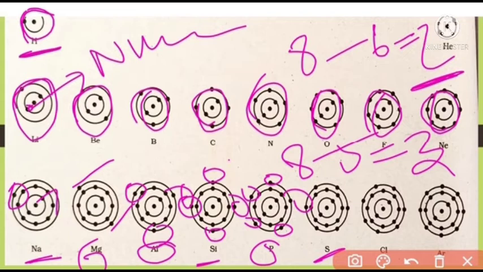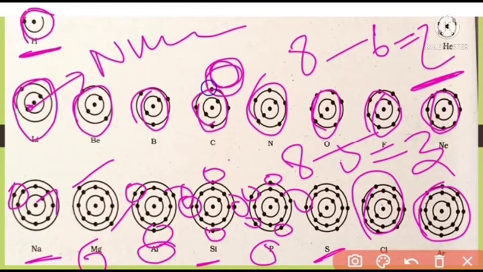Halogens have 7 electrons in the last shell, so 1 electron is insufficient, and their valency is 1. Noble gases have a full octet in the valence shell, so their valency is 0. Argon is a noble gas, so its valency is 0. Helium's valency is also 0.